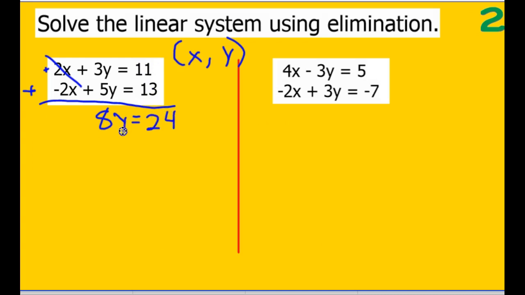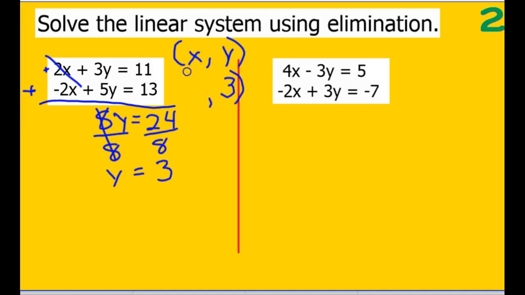So now we just have a y. We need to solve for this y, so we can divide by 8. Those cancel out. We get y equals 24 divided by 8. Well, that's 3. So y equals 3.